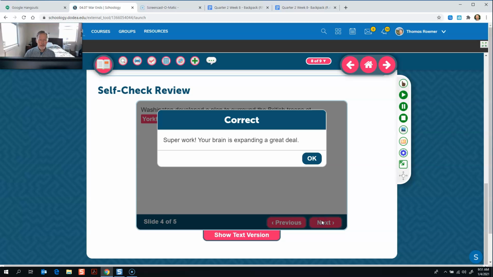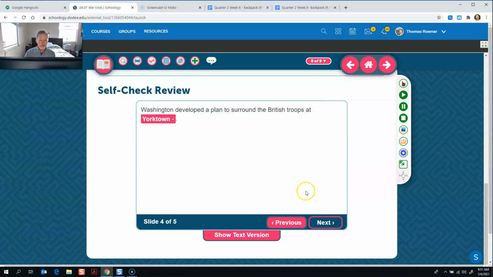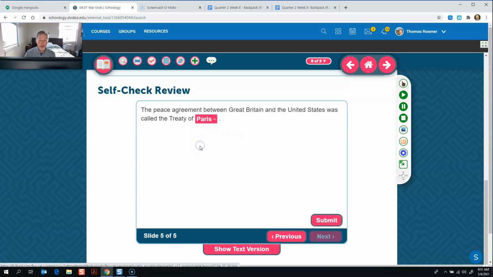Remember, the French came in with their ships, and they also put troops to pin the British back there. He outsmarted them. The peace agreement between Great Britain and the United States was called the Treaty of, they met in Paris, France. The Treaty of Paris.